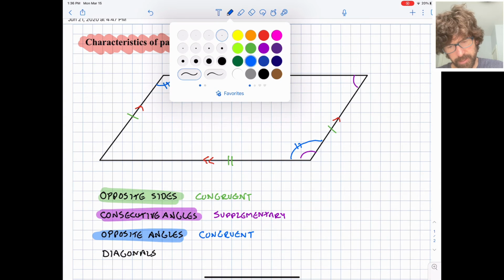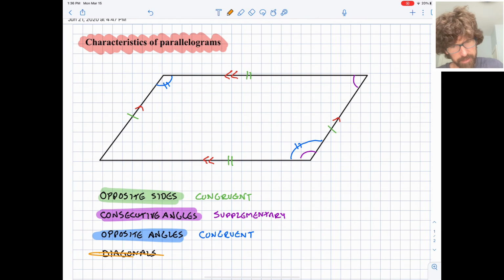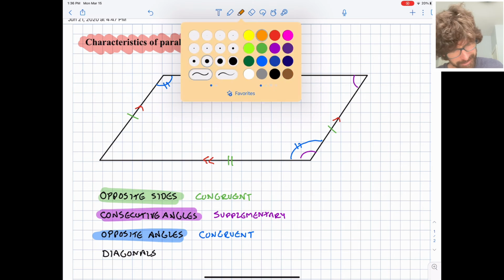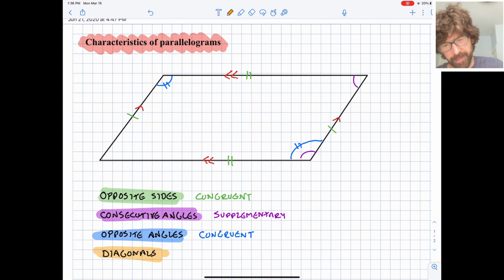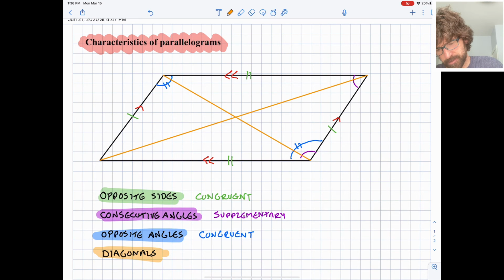And lastly, let us work with diagonals. Whoops, I'll do diagonals in orange. Okay, and so what do you notice about these two diagonals? Does anything interesting going on? It doesn't look like they're perpendicular.